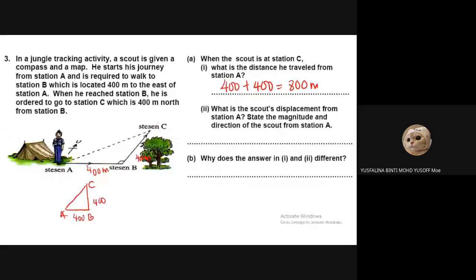Head to the station C, which is located 400 meters at the northeast. Okay, so the northeast is the direction. You mean the 400 meters is the displacement, is it? Okay, I wait.